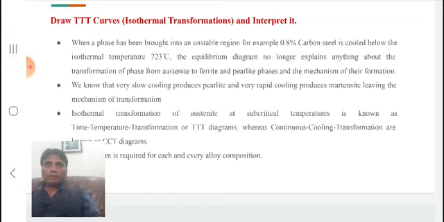And we know that very slow cooling produces pearlite and very rapid cooling produces martensite, leaving the mechanism of transformation.